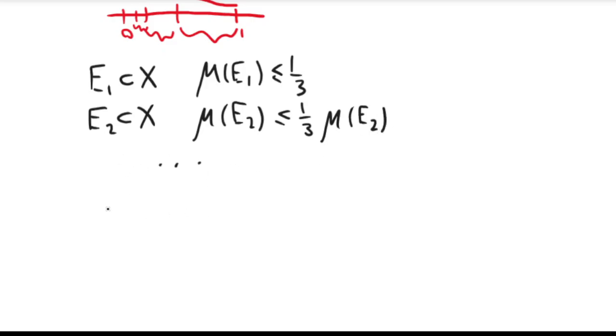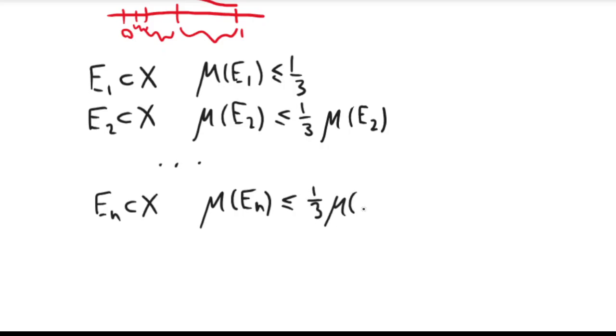And so on, right? We can keep recursively finding sets where the measure of E_n is no more than 1/3 the measure of E_{n-1}. It'll make more sense why I'm choosing 1/3 in a second. But basically the point of this is that we can get an infinite family of sets like this. And their measures certainly go to 0.